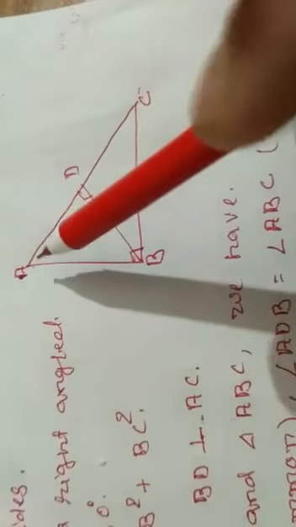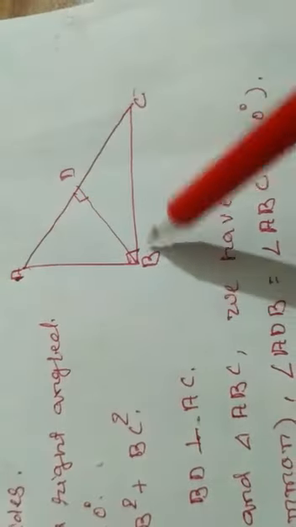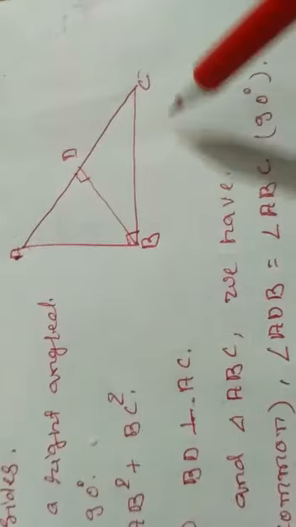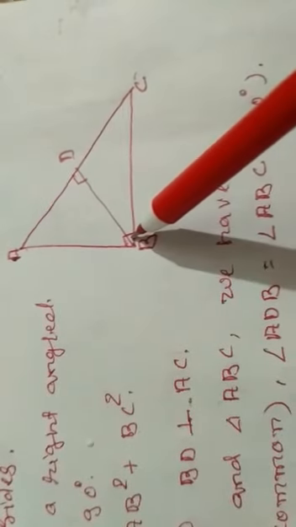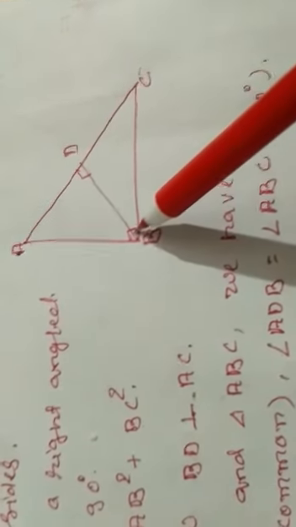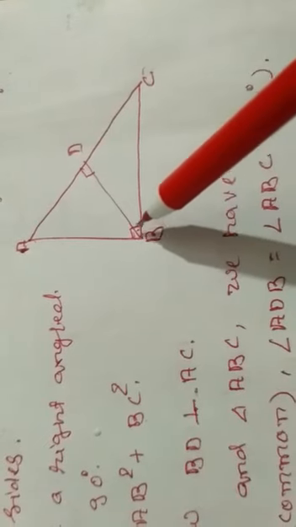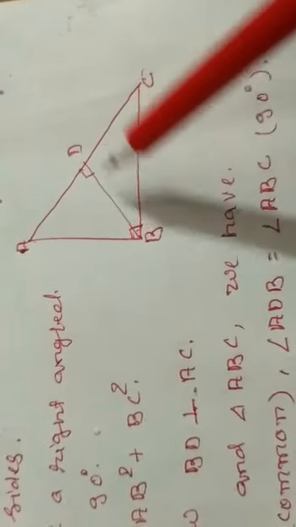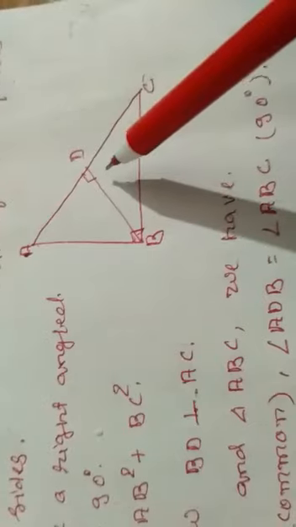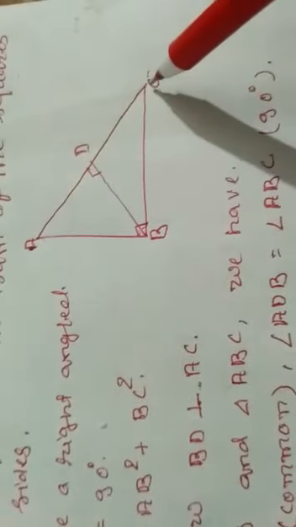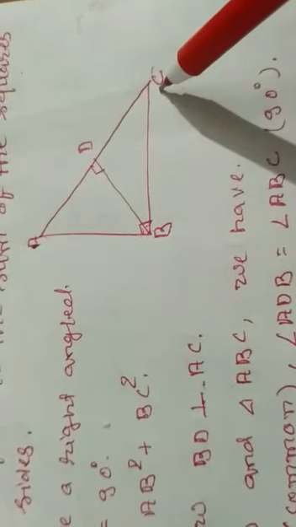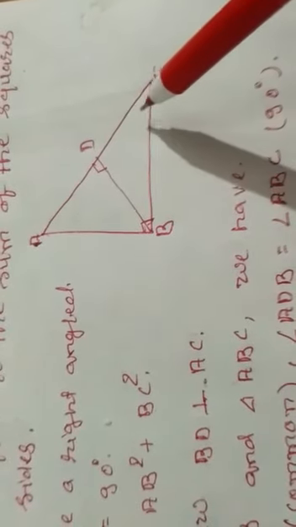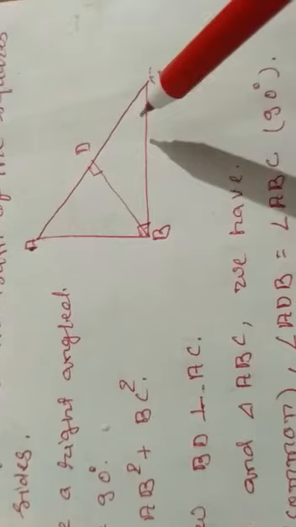So in this triangle ABC, angle B is 90 degrees. And children, the side opposite the right angle is known as the hypotenuse. So AC is its hypotenuse, which is the longest side of the triangle.